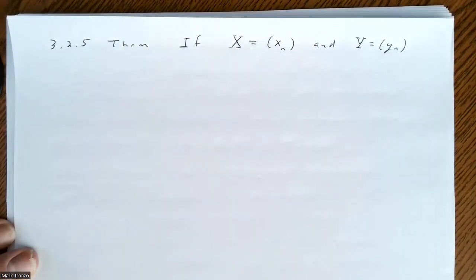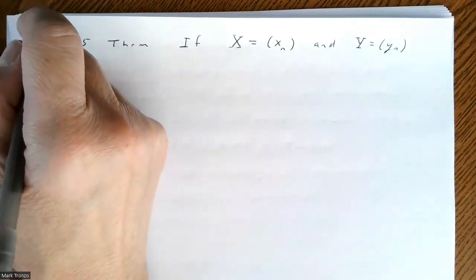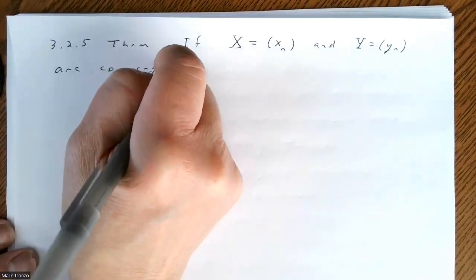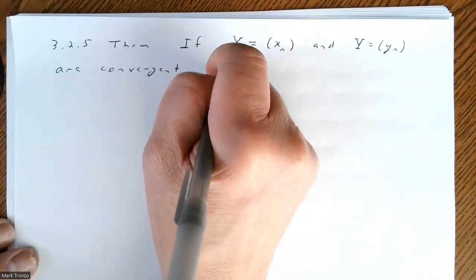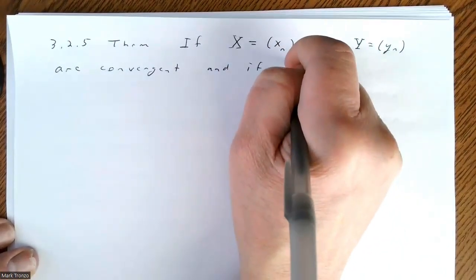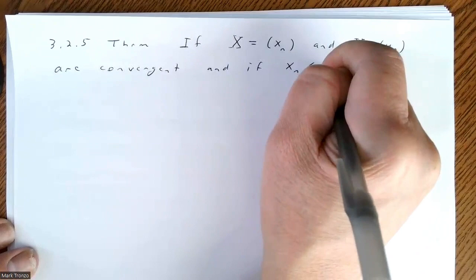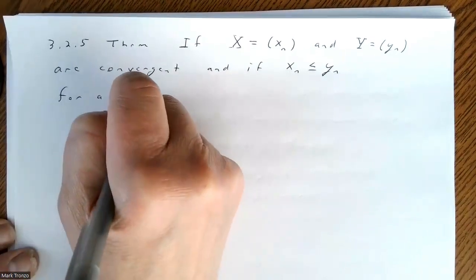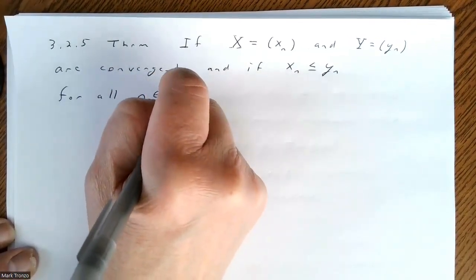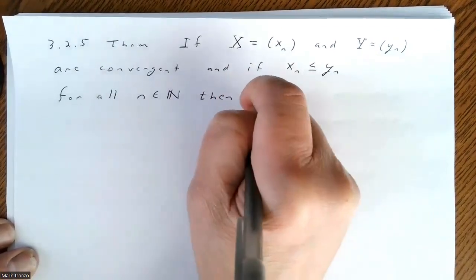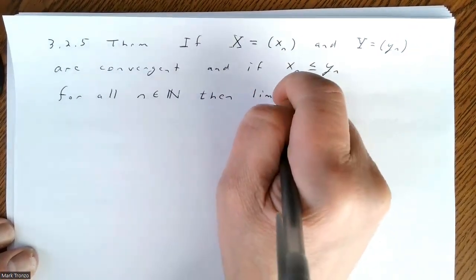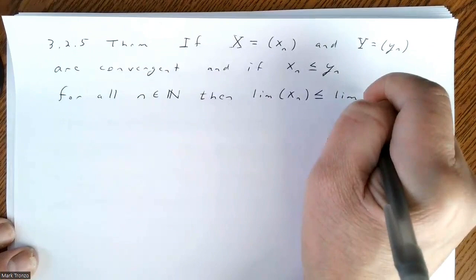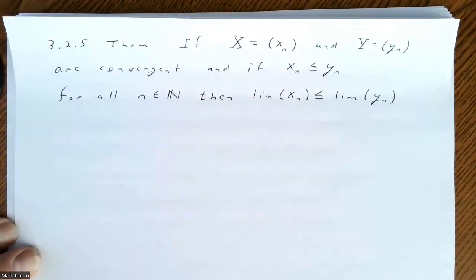If these two sequences are convergent, and if Xn is less than or equal to Yn for all n in the naturals, then the limit of Xn is less than or equal to the limit of Yn.